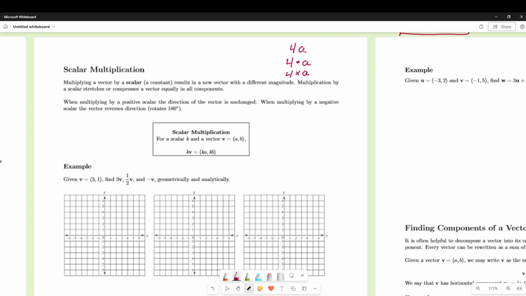And it might have bugged you, well, why are there three different notations for multiplication? Well, you're about to find out why. Because in vectors, these three things mean different things. This is scalar multiplication. This is appropriately called a dot product. And this is called a cross product.